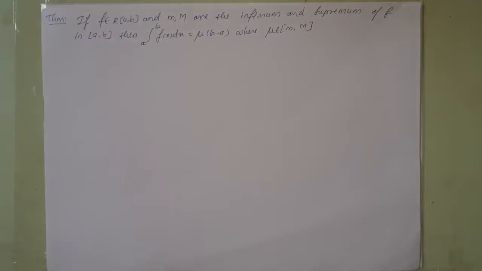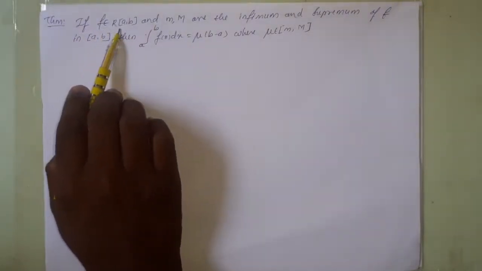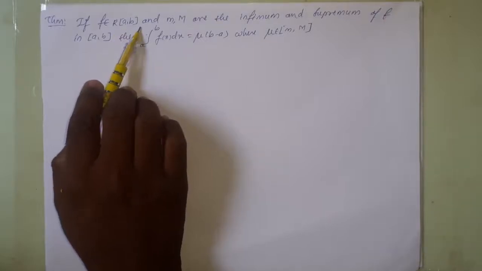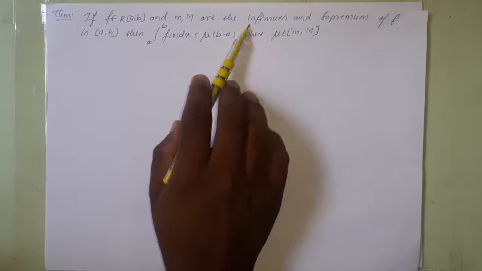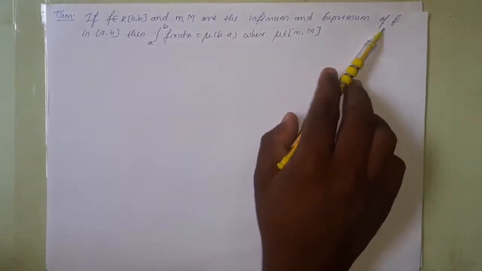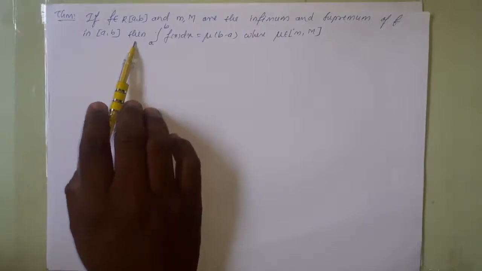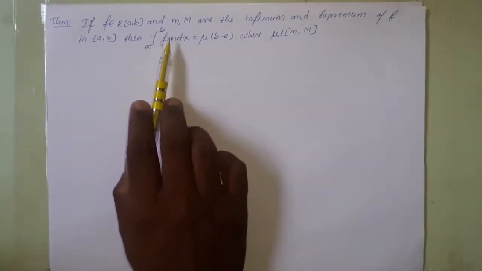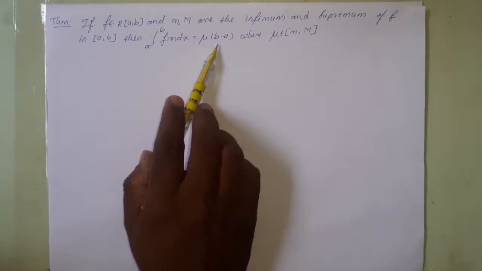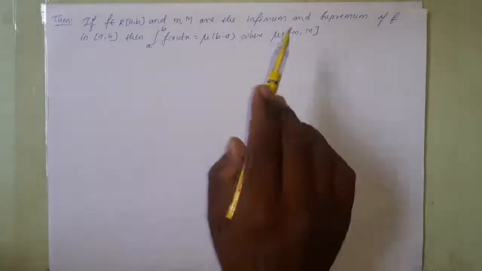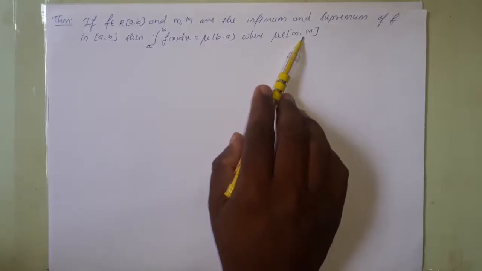The next theorem is: if f belongs to R of the closed interval [a, b], and small m, capital M are the infimum and supremum of the function f in the closed interval [a, b], then the integral over a to b of f(x) dx is equal to mu times (b minus a), where mu belongs to the interval [m, M].